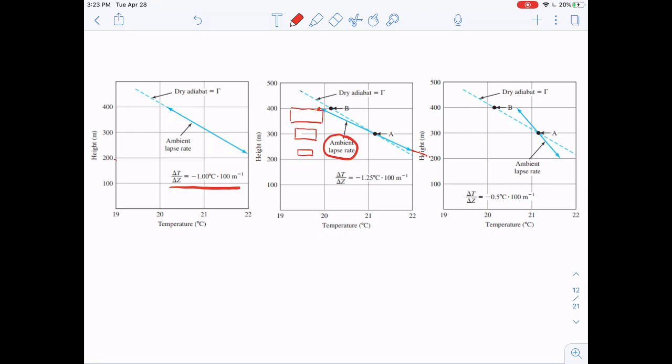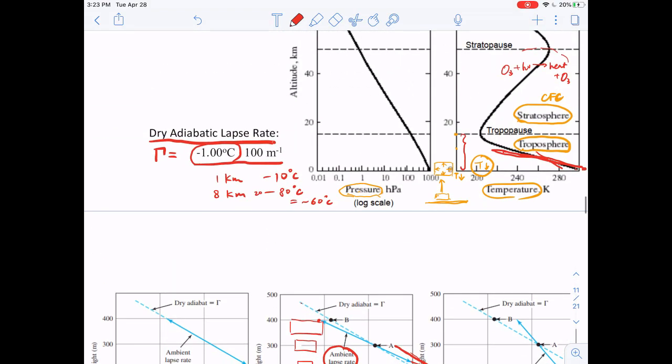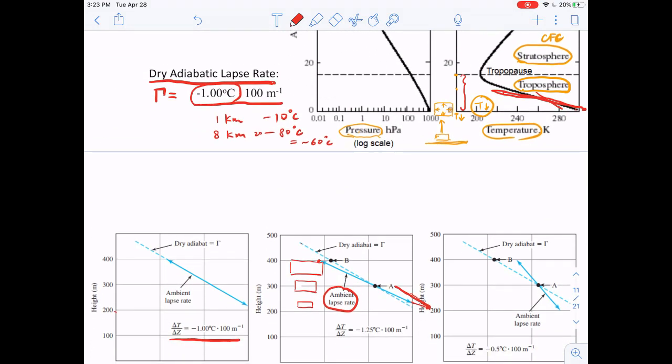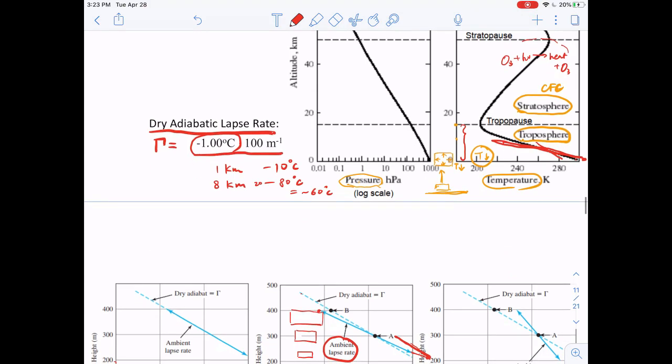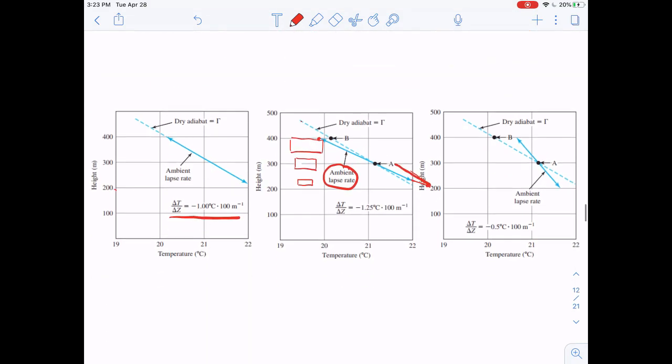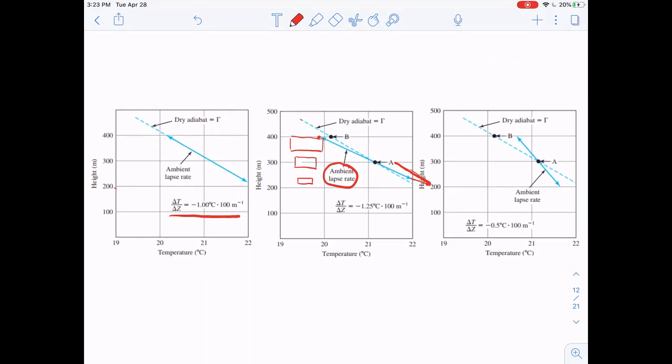Okay, so let's assume that the air also tries to rise up, say for 100 meters. It's going to follow the dry adiabatic lapse rate, because the air property decides that it has to reduce this amount of temperature as it rises up. Okay, so for example, it rises up for 100 meters and gets to this point.